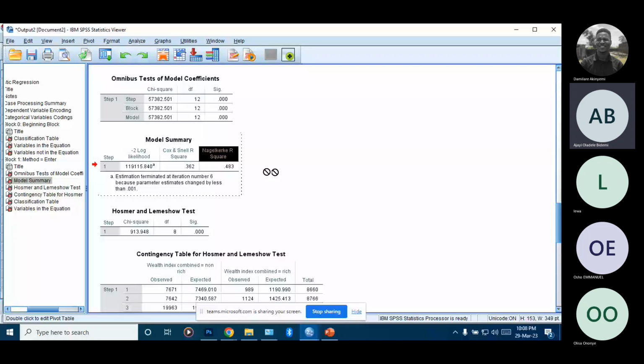What it is saying is that 48.3% change in the criterion variable can be accounted for by the predictor variables. You convert to percentage, then you say the amount of variability that can be explained by the predictor variables in the model is 48.3%.